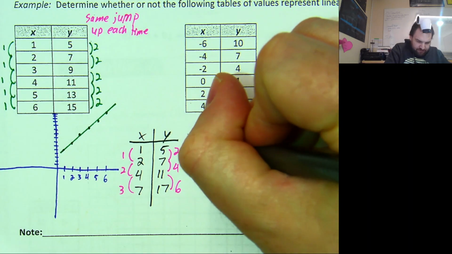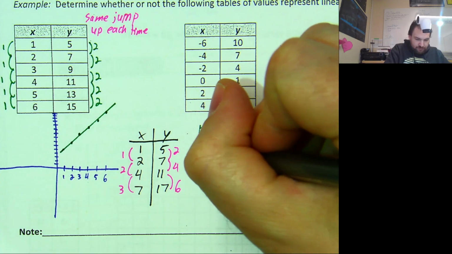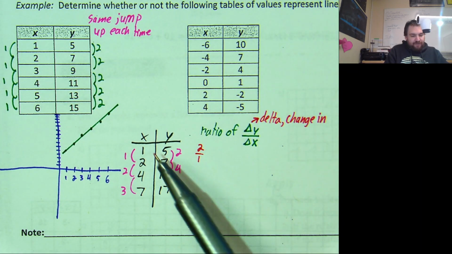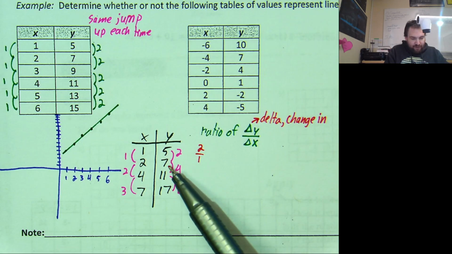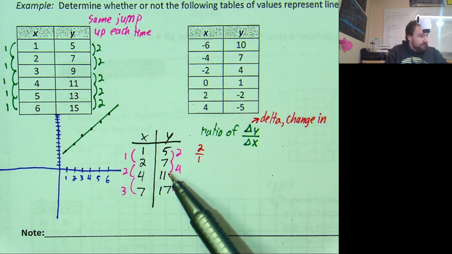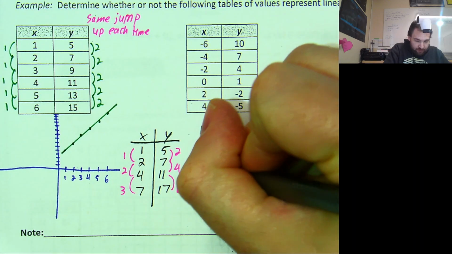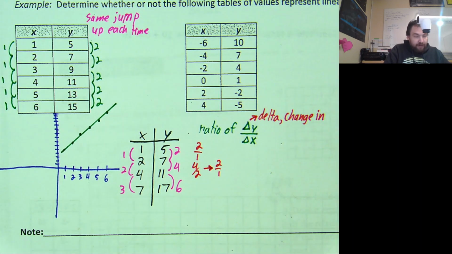Okay. What's my change in x? Okay, so my ratio going from this point to this point is 2 over 1. How about the next guy here, going from 7 to 11 and 2 to 4? What's my ratio in change in y? It's 4 over 2, which is 2 over 1.